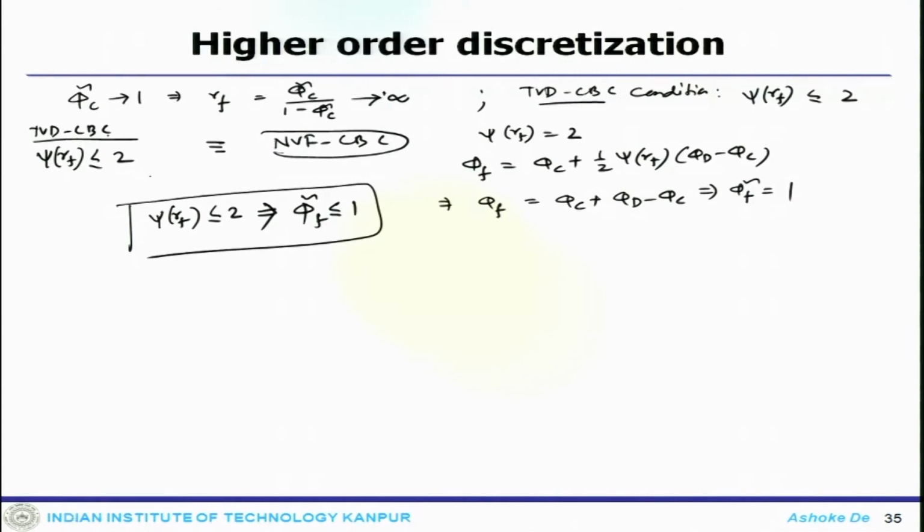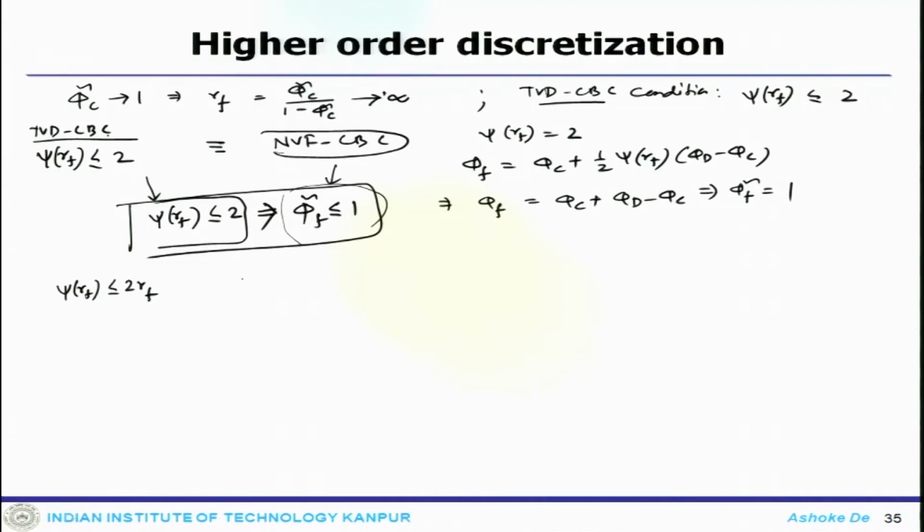So, whatever the conditions here in the TVD CBC, equivalent conditions one can find out in NVF CBC. Now, if this condition is satisfied in TVD scheme, this condition needs to be satisfied in NVF conditions. So, the last condition which is imposed on the TVD CBC is that psi RF less than 2 RF.